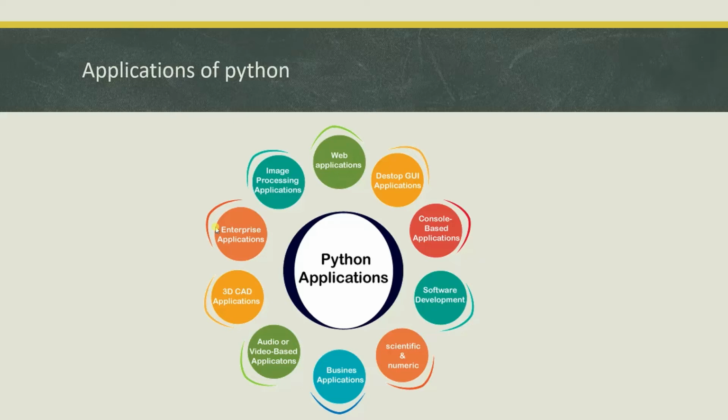For example, Facebook, Instagram. Instagram is built on Django, which is a framework built on Python. Desktop GUI applications: Python has a module Tkinter that is used to build desktop applications, and there are other modules as well, and many more applications nowadays.